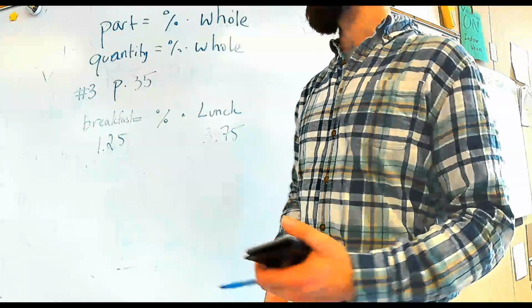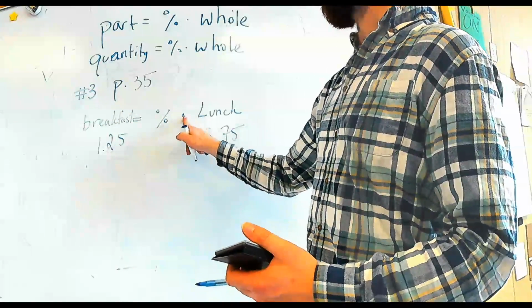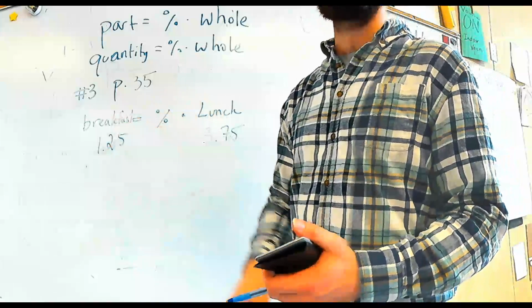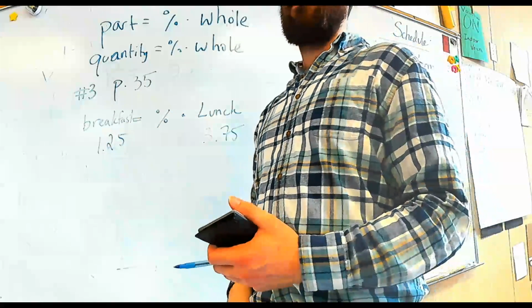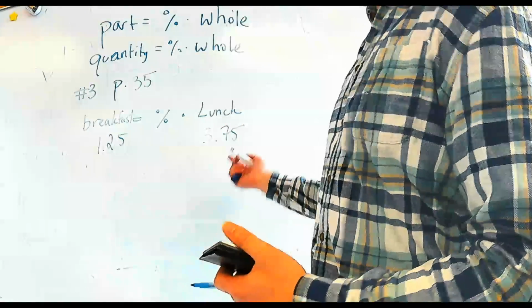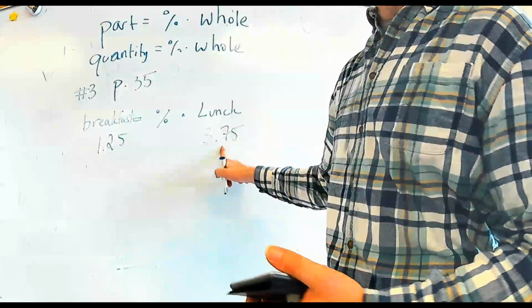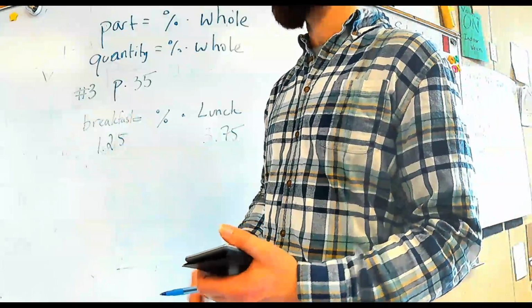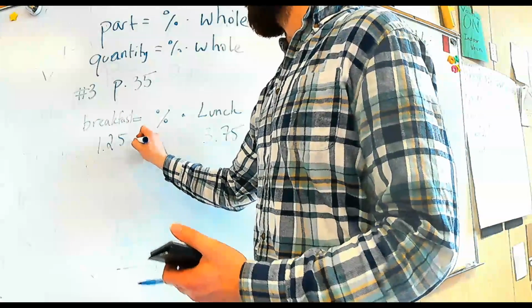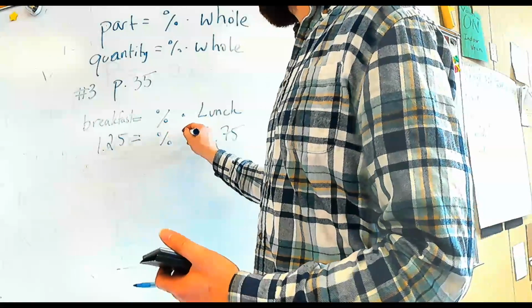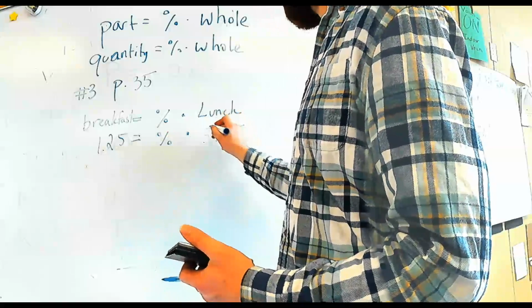Let's solve that. Again, what percent of the cost of lunch is the cost of breakfast? Let's plug it in. Lunch is $3.75. Breakfast is $1.25. We know there's an equal sign, percent, multiplication sign, the lunch.